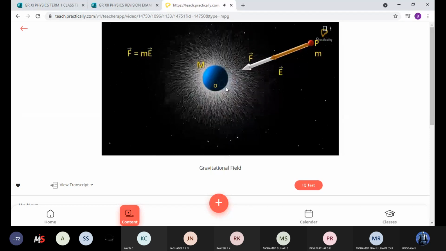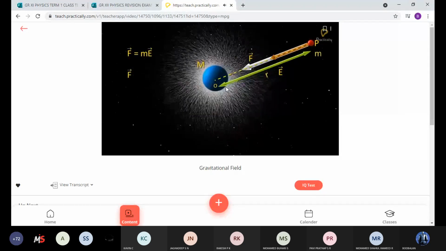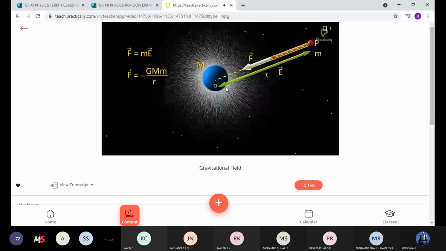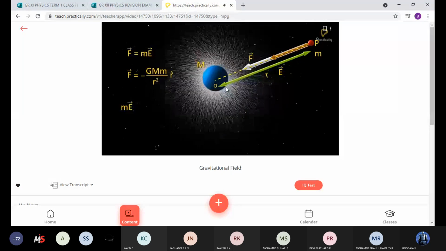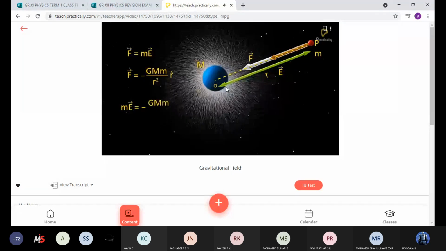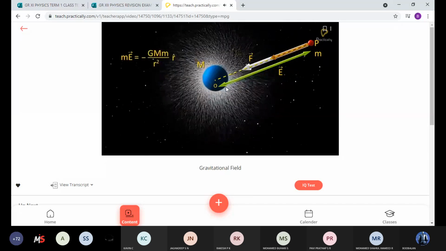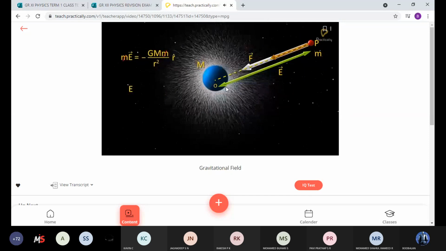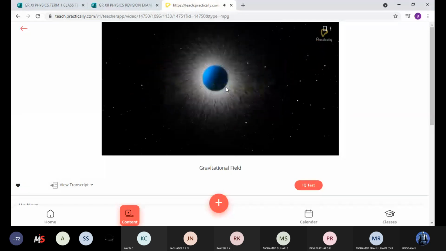But from Newton's law of gravitation, the force on mass m at P due to M is GMm by r² towards O. From the two equations, mE bar is equal to minus GMm by r² r cap. Hence, the gravitational field due to point mass M at P is minus GM by r² r cap.